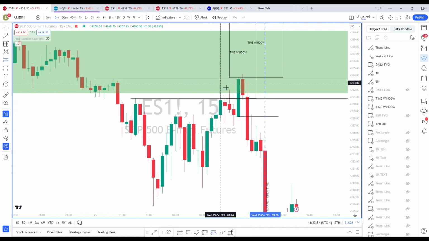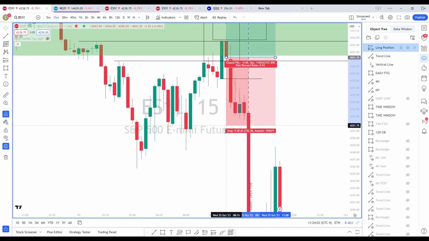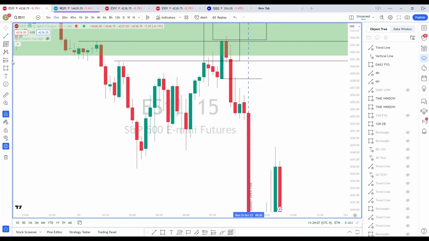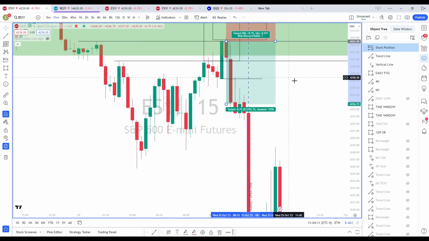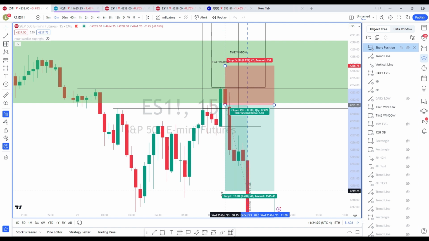So this was my position earlier and I had a good buffer for that. I was targeting the low here. Okay, this is the wrong one, so let me choose the short one. So here, I gave it some good buffer, and then I was targeting here.